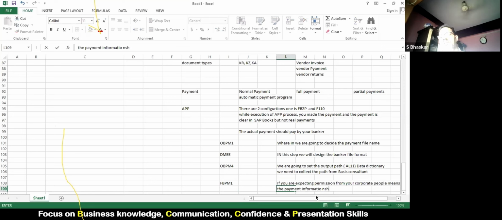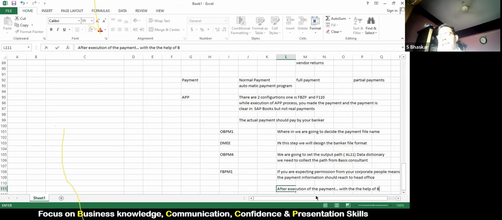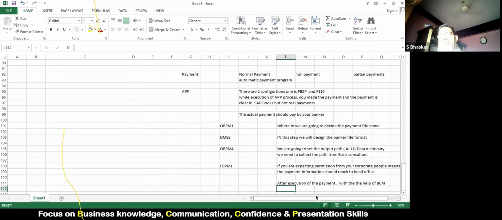should reach the head office. They will check it after execution of the payment. After execution of the payment, with the help of the DCM module, the bank communication module, the payment information goes to the head office.